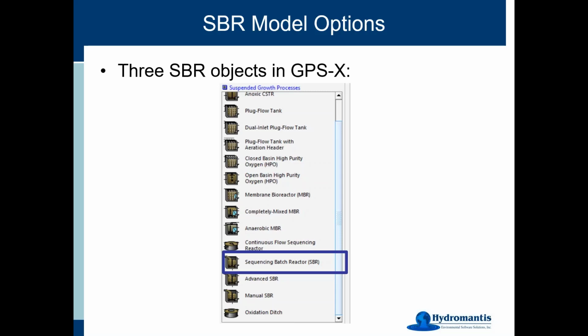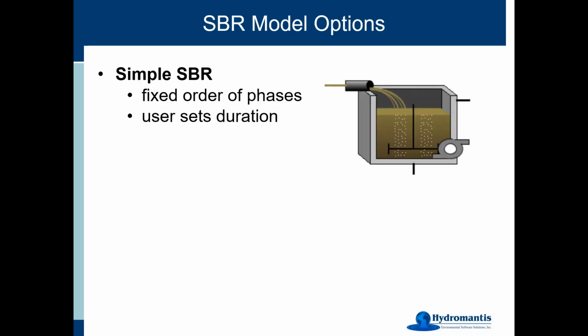The one that's just called Sequencing Batch Reactor is actually the simple model that we use, and it has, as I'll show you shortly here, a fixed order of operations. So we have the Sequencing Batch Reactor, we have the advanced one that allows for quite a bit more flexibility, and then we have the manual one, which is one that you can use to do your own custom programming with. So let's talk about those in a little bit more detail.